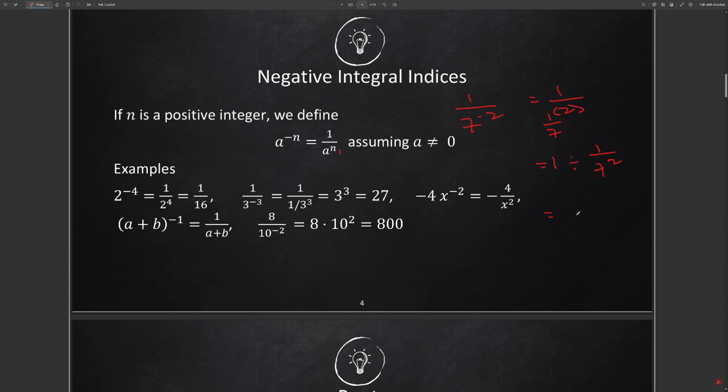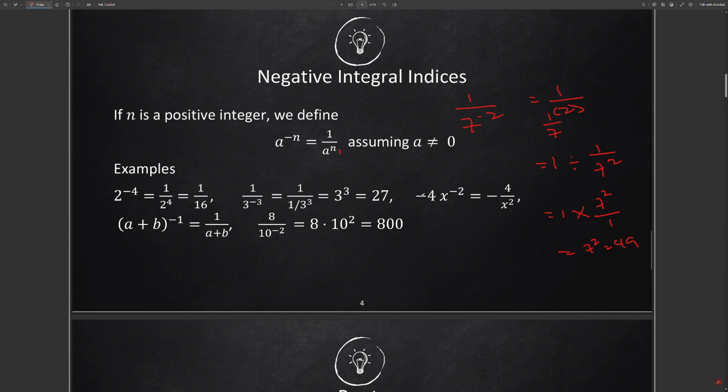I remember from CXC maths, when I change the divide to multiply, we flip this 7 squared and bring it on top. So I get 7 squared upon 1, which is equal to 7 times 7, 49. Or you can just leave it as 7 squared to receive 49, which is what we did here as well. So when we have a divide, change to multiply, remember we have the reciprocal.